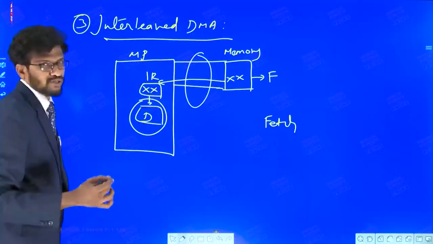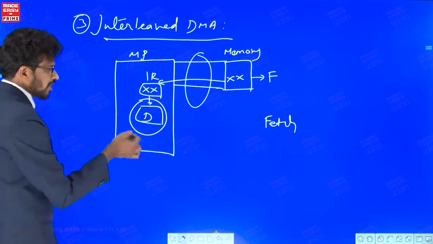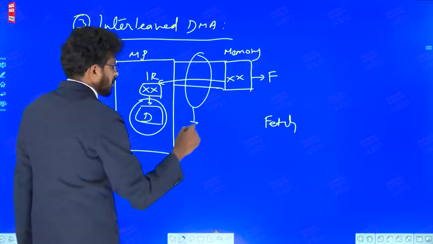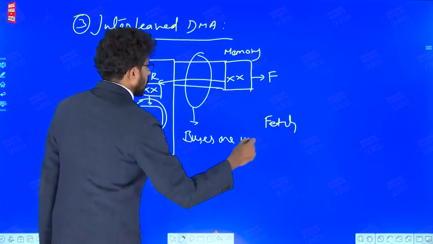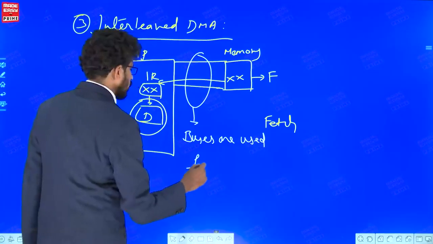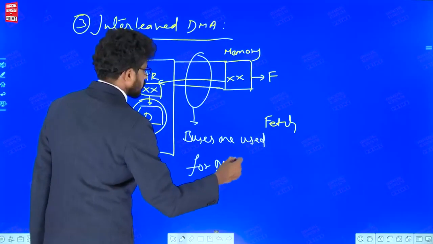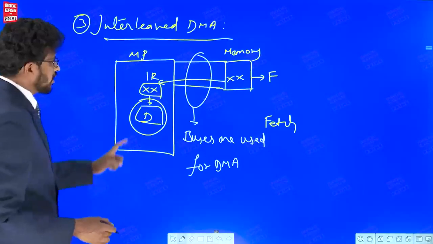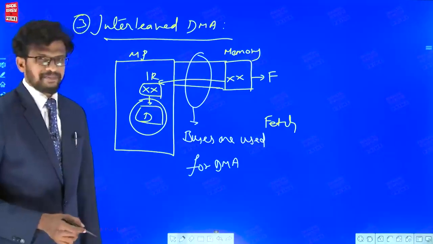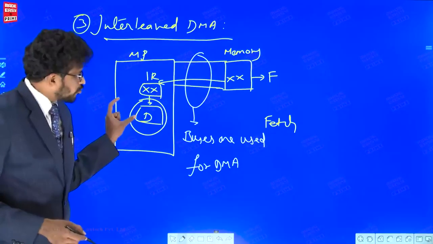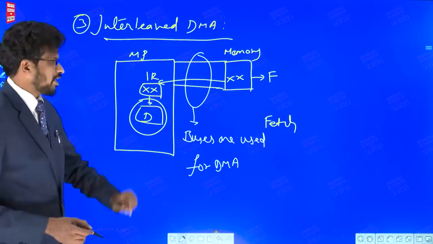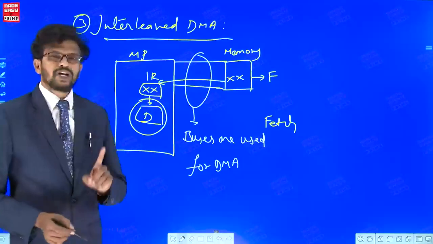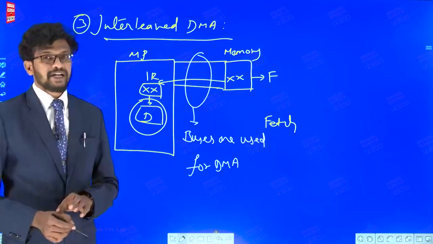No. Therefore, during this decoding time, the buses are used for DMA. But in this type, interleaved DMA, it is a very short duration of time for the decoding process, and hence in this mode only one byte is transferred per instruction.